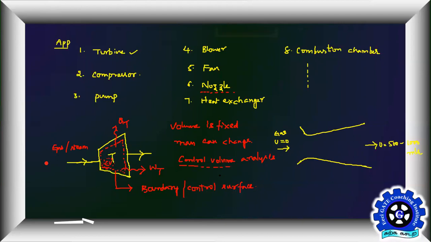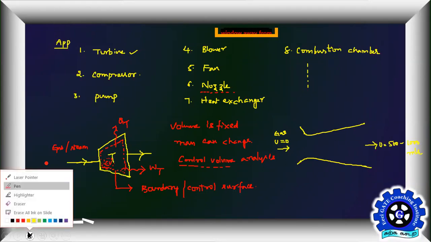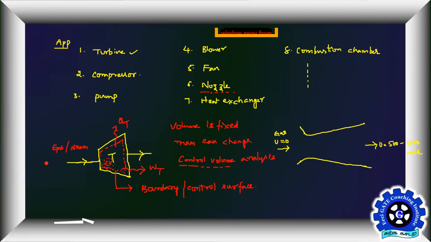Come on, man. I've given you some solid boundaries. Now tell me, what is your system? What is your boundary? What is your interest in this problem? A gas is coming in, doing something and going out. What do you want to study here?